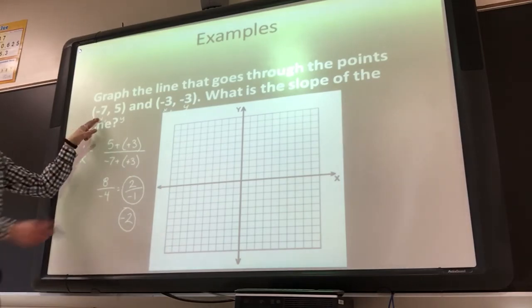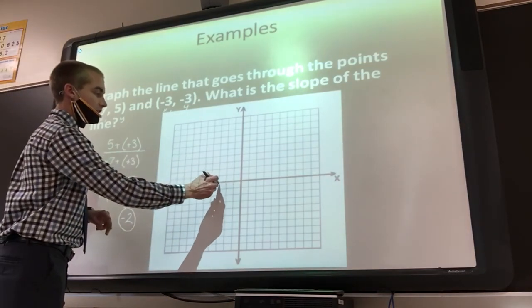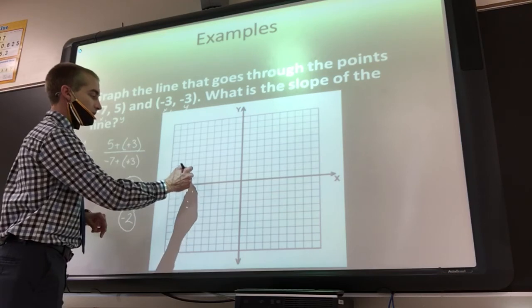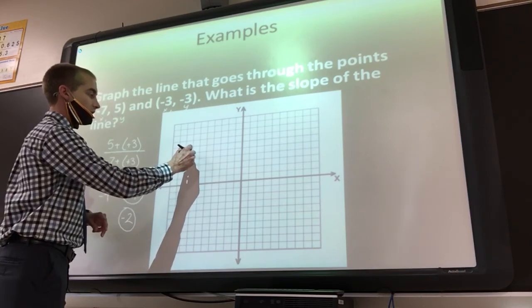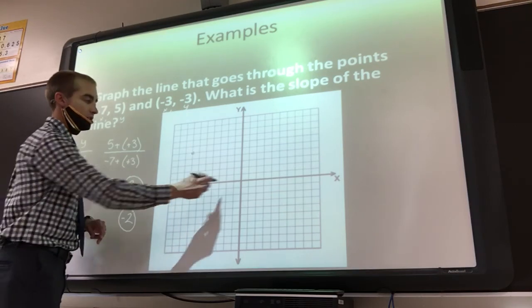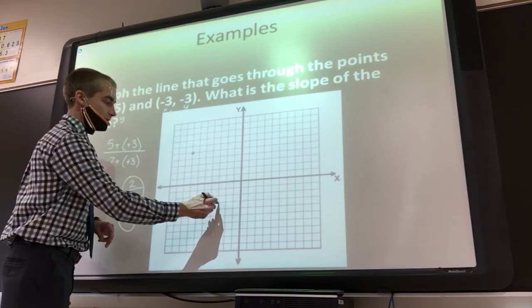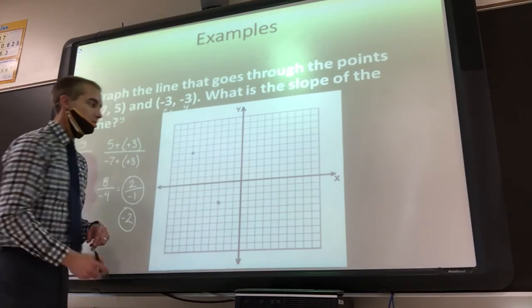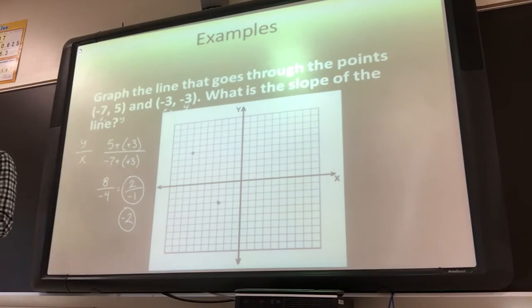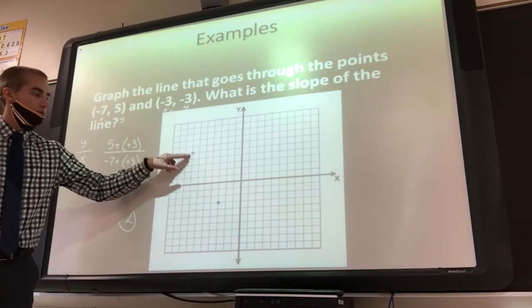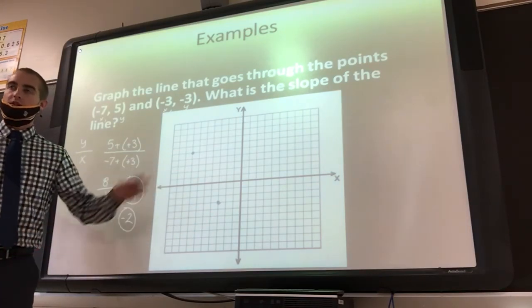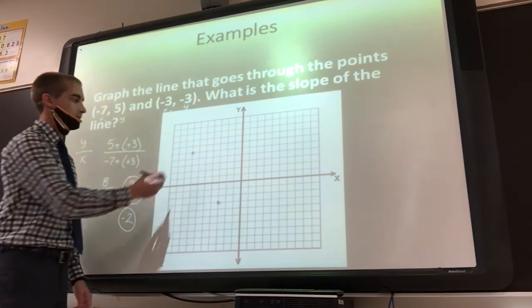So negative 7, 5. We're going to go left 7 and up 5. And then negative 3, negative 3. So make sure the ruler goes through both of these points and then graph your line through them.